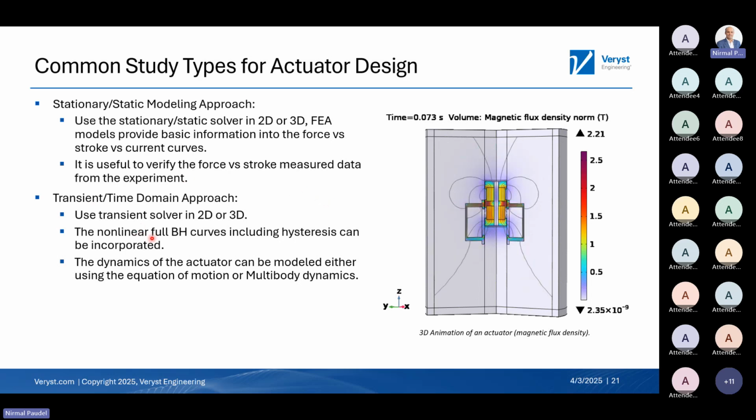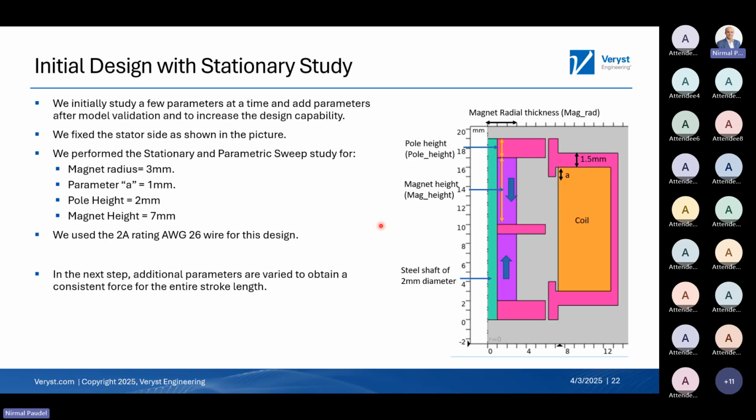In the time-dependent study, we include the nonlinear BH curve, which captures the nonlinear behavior of the magnetic materials. So here is the animation on the rotor side. It started from the bottom here and slowly oscillates. There are still some oscillations, but it settles down to a certain gap that is determined by the spring attached to it.